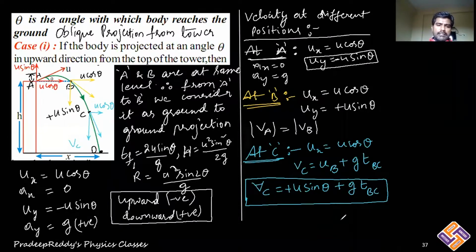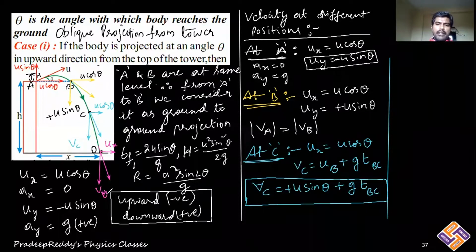And the last it is velocity at D. It's completed. Velocity at D, you can resolve velocity at D. Velocity at D will be in this direction, right? This is velocity at D. I can resolve velocity at D also into components. And horizontal it remains same as it is. Vertical it is Vd.